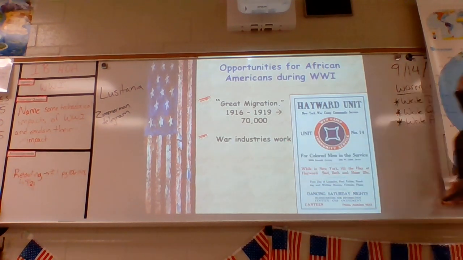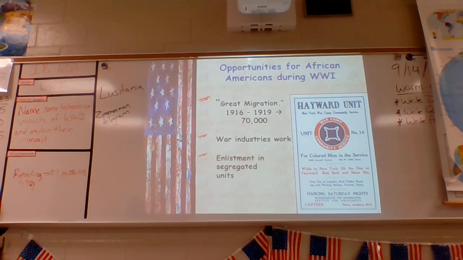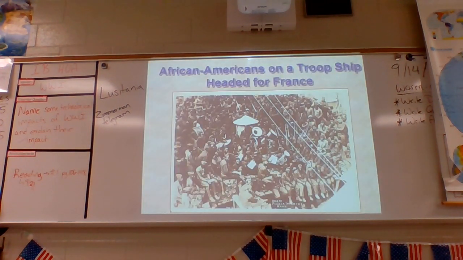So you're going to have a lot of war industries work. We talked about in the previous slide how a lot of them are going to enlist into these segregated units. Here's a picture of a troop ship headed for France.